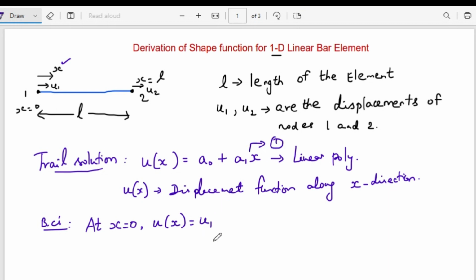Applying this boundary condition in equation 1, we have u1 is equal to a naught plus a1 into 0. I am going to leave this term. So it is only u1 is equal to a naught. Let me name it as equation 2.